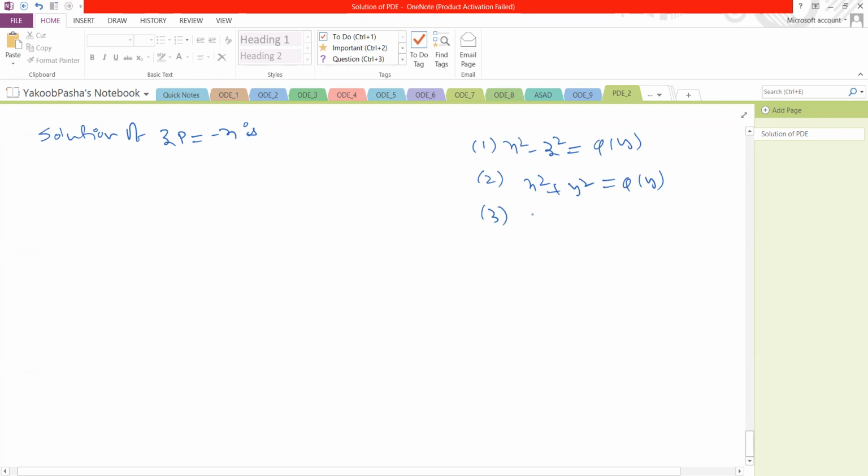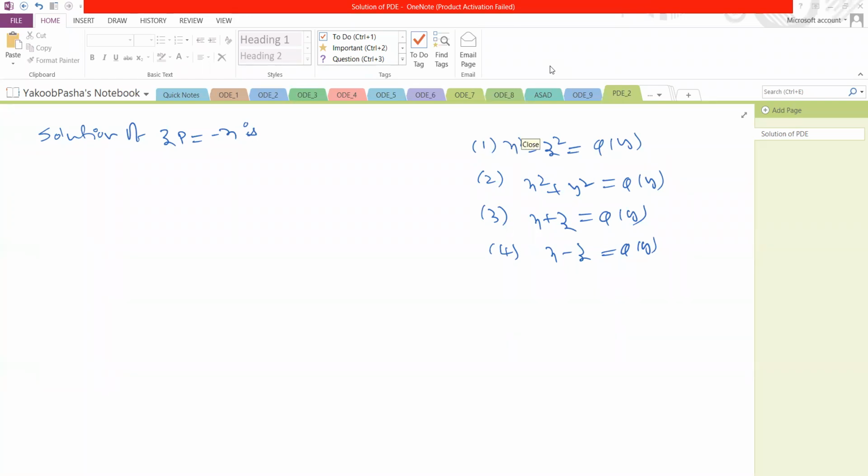Third option: x + z = phi of y. And fourth option: x − z = phi of y, where phi is an arbitrary function. Now we have to compare this equation and find which is the right option.